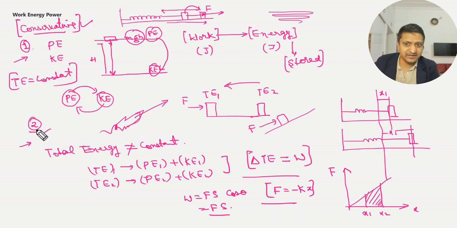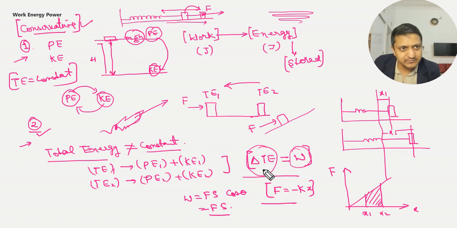The second is where the total energy wouldn't be constant. In that case, the change in the energy will be the work done by some body, like by us or by someone else. That's it. There is nothing much more to this.